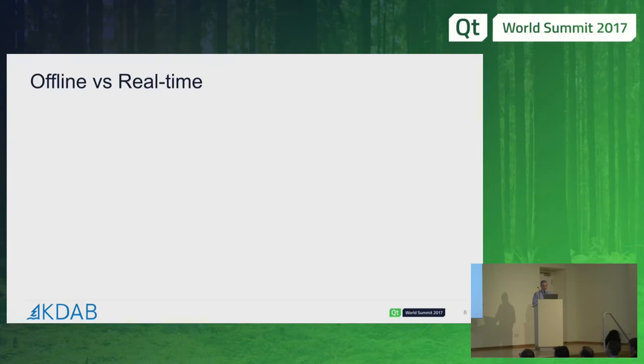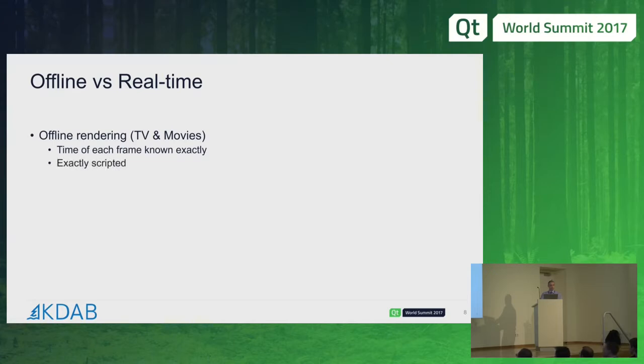Now, there's a big difference between offline animation used in movies and TV programs compared to what we need to do in real time. When we're doing offline rendering, the animator and the technical directors all know the exact time each frame will be rendered at the screen. And they can exactly script the animation to take that into account.